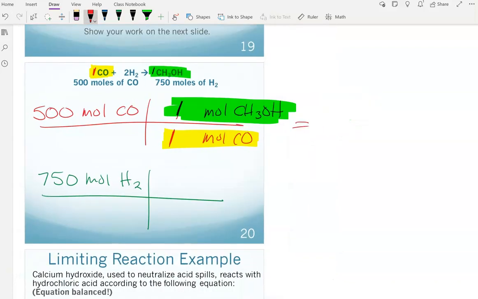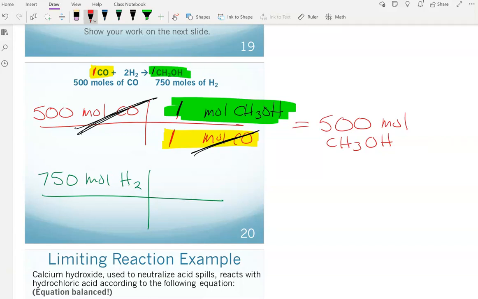Now, this one's really easy for the math because it's 500 times 1 divided by 1. So this would be then 500 moles of CH3OH. These cancel. So all I did was a moles to moles picket fence.